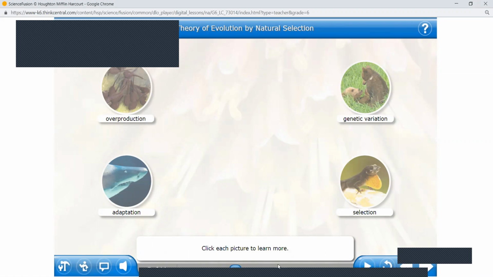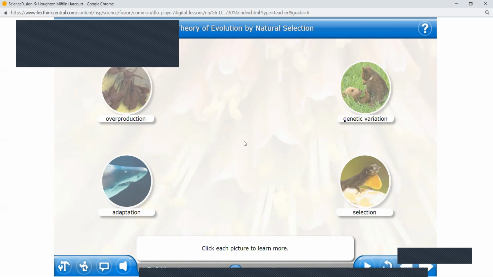So natural selection, girls, what is it? There are 4 things: overproduction, genetic variation, selection, and adaptation. Through these 4 points, the scientists want to know more, and they are proposing the theory of evolution.